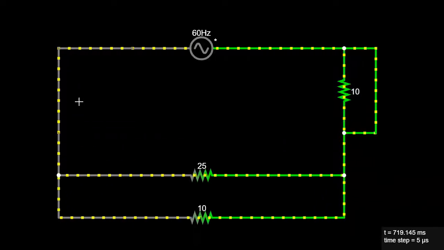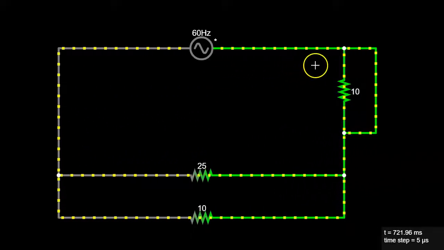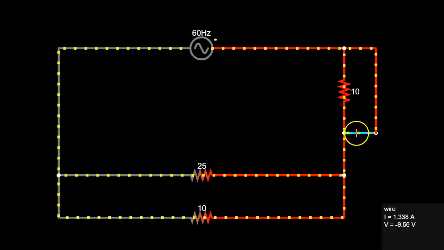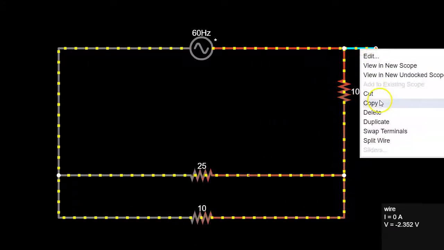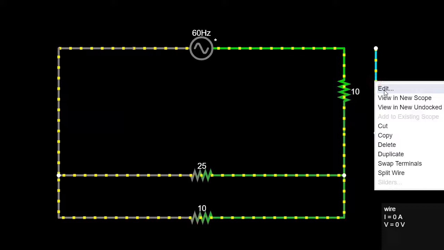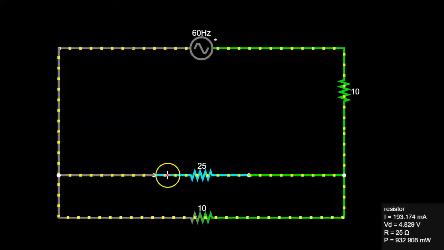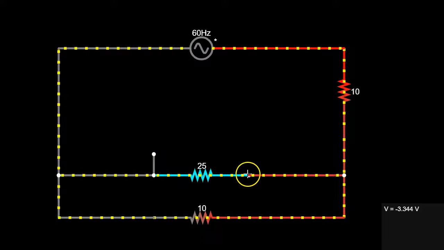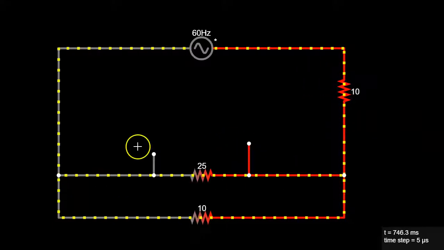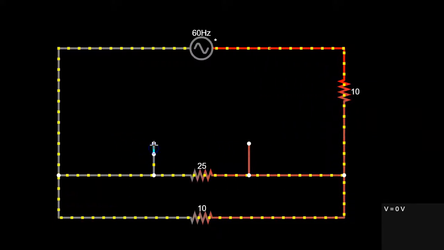But in the case of this one, we're back to just a simple parallel circuit with no series resistor here. So I'm going to do away with this and put us back to where we were. And I'm going to come down here and short across our 25 ohm. And hopefully you already know what is about to happen.